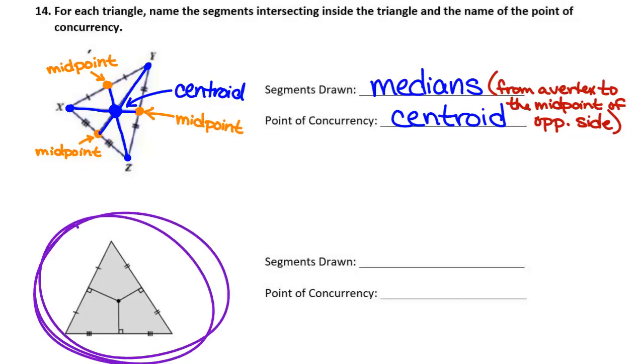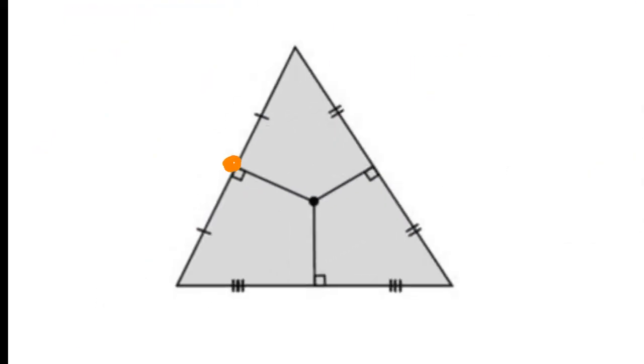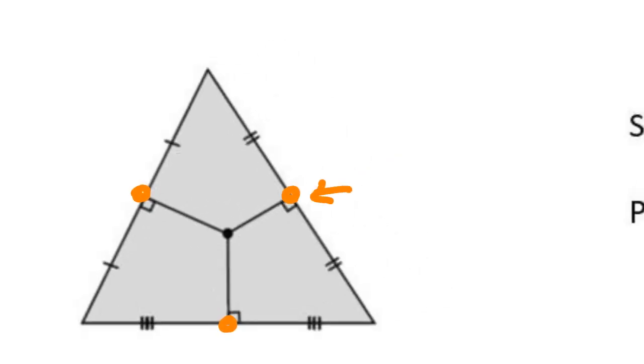The triangle right below it, I see these congruence marks again, which means that we call these 3 points what? Midpoints.